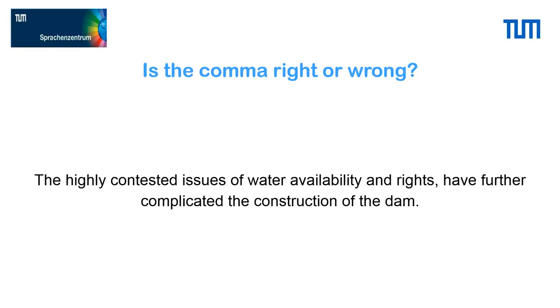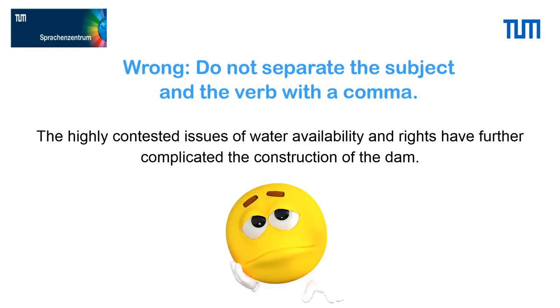Okay then. Next, we have the sentence, "The highly contested issues of water availability and rights, have further complicated the construction of the dam." Now this is incorrect, and I've removed the comma here because it separated the subject from the verb. So in this sentence, the subject is the following: the highly contested issues of water availability and rights.